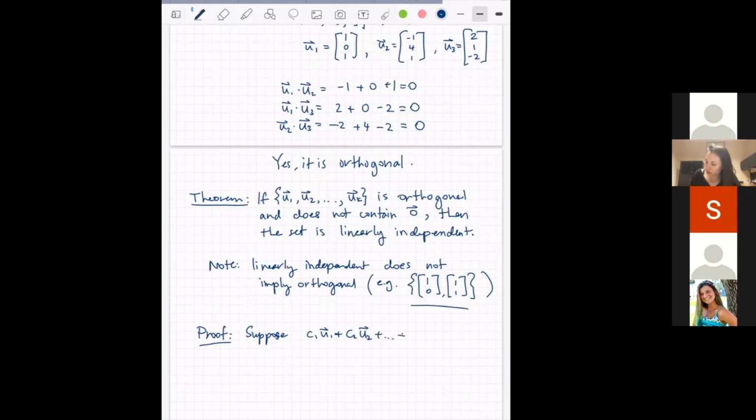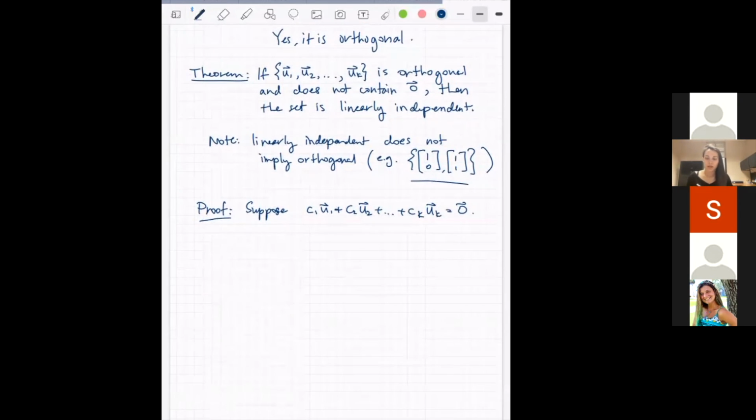So c1 u1 plus up to ck uk is equal to 0. Okay, so we want to show that these vectors are linearly independent. So we want to show that we have to have that c1 up to ck, all of these are equal to 0, right?